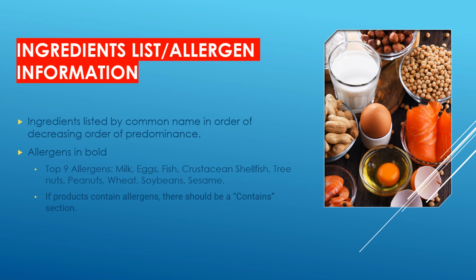If you manufacture a product in a facility that handles those allergens, and sometimes even if your product doesn't contain a specific allergen, I've seen a lot of companies put "manufactured in a facility that also processes" whatever allergen is also used in that facility.